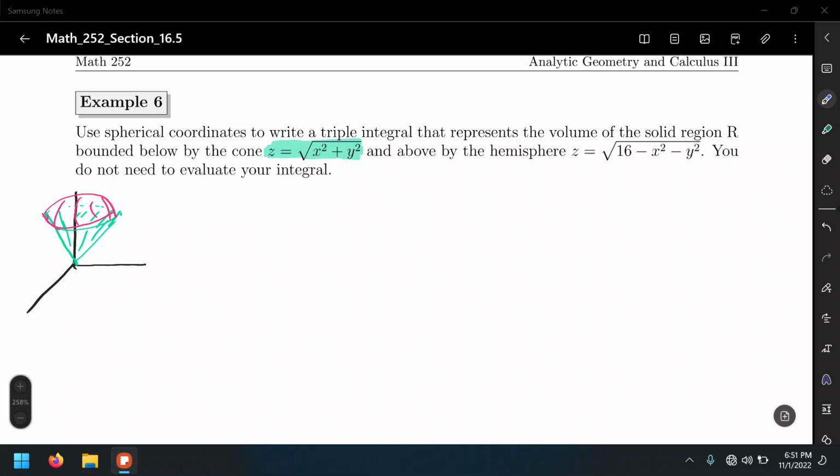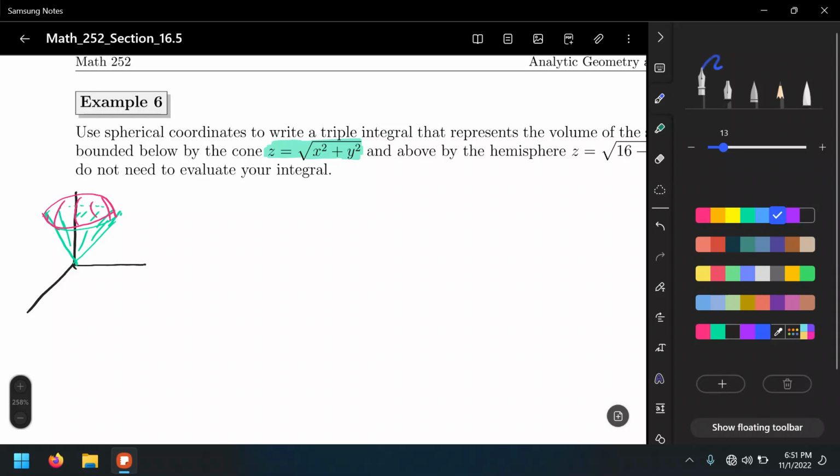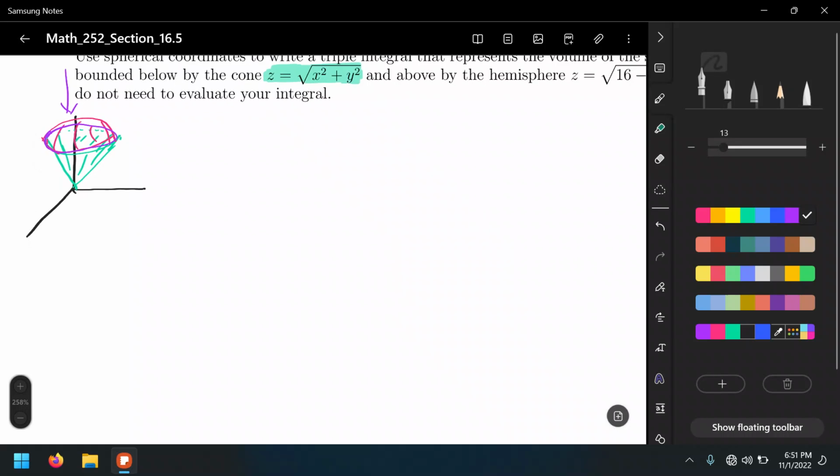And we get that by finding the intersection between the surfaces, because the points that lie on the outermost part of the solid region would be on this circle right here. And if we project this towards the XY plane, this should look like this.